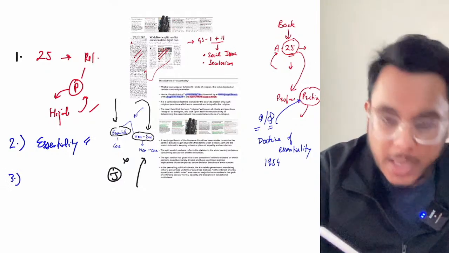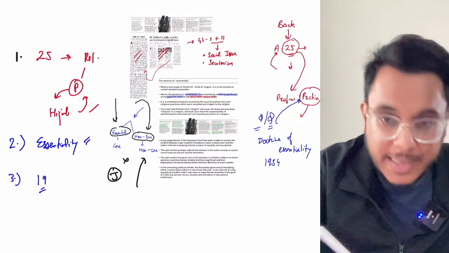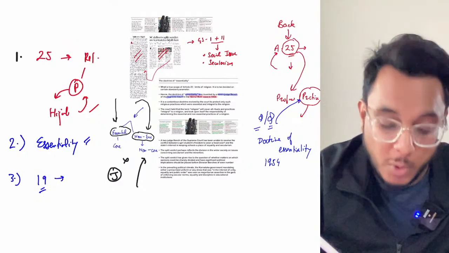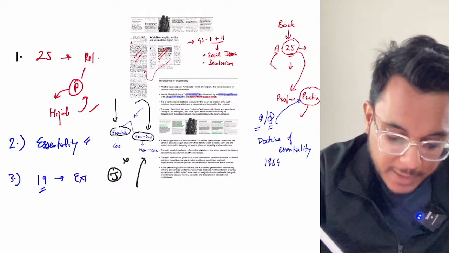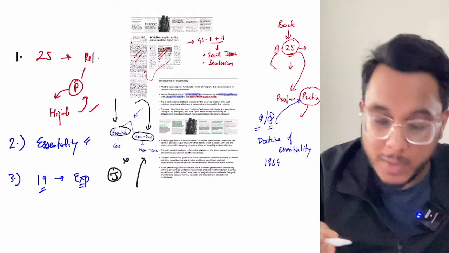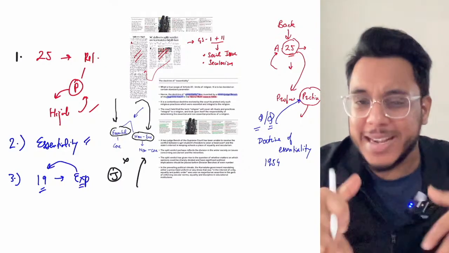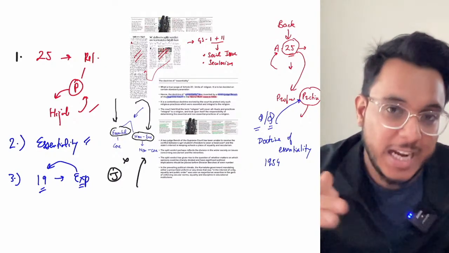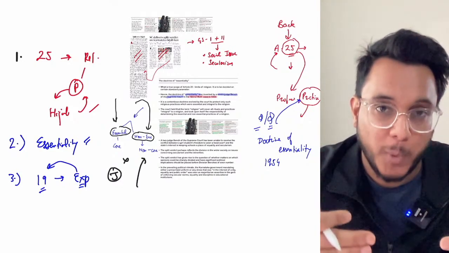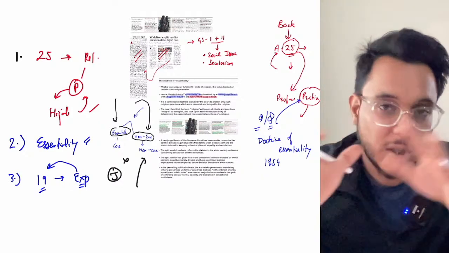Then the third issue is about Article 19, which talks about freedom of speech and expression. The women say that wearing the hijab is their way of expression, and you cannot impose that this is the right way of expression or the wrong way.